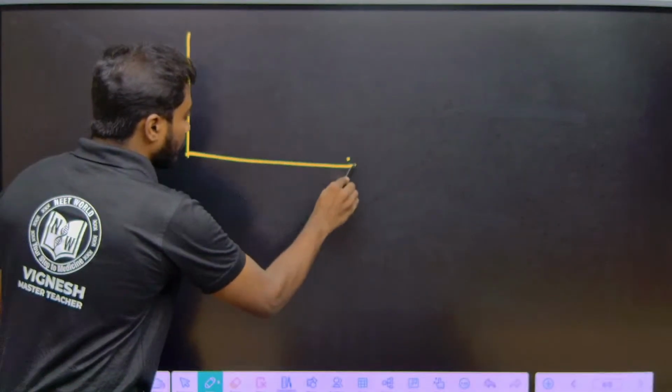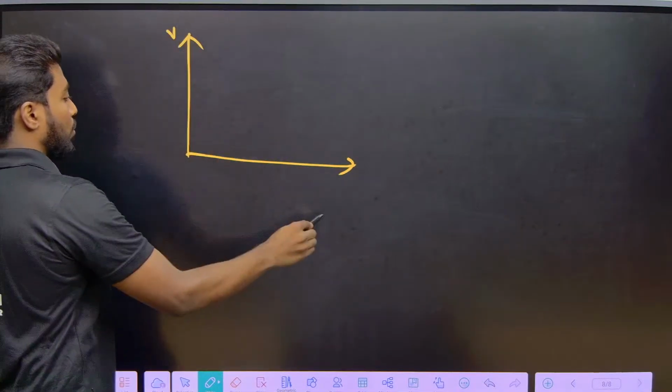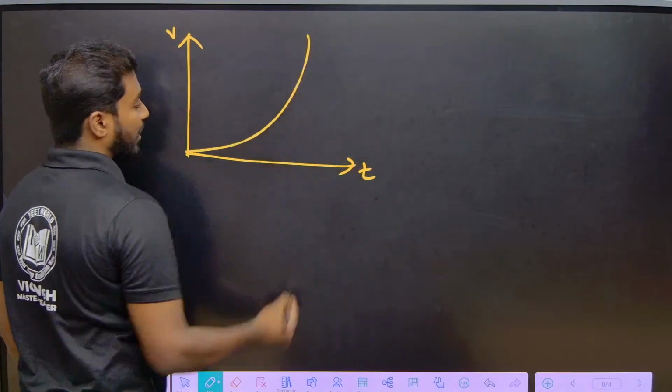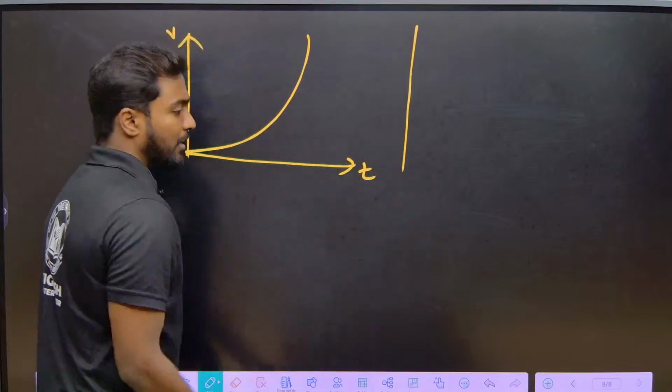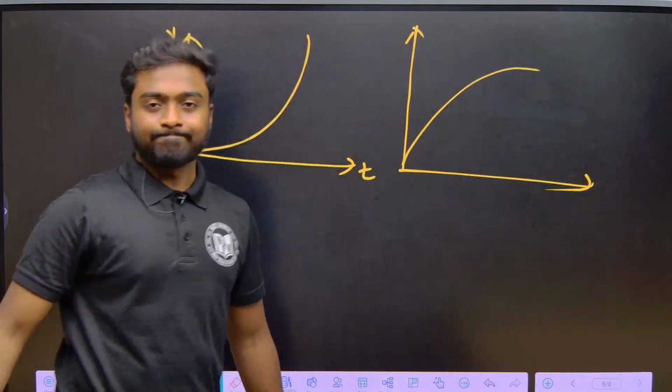So when I talk about V versus T, in this graph, I am drawing a curve like this, understood?